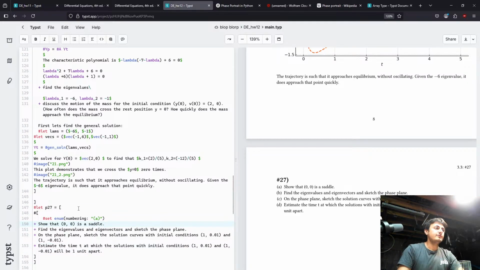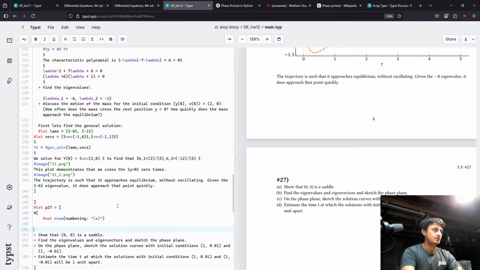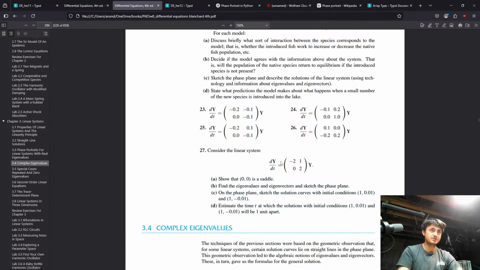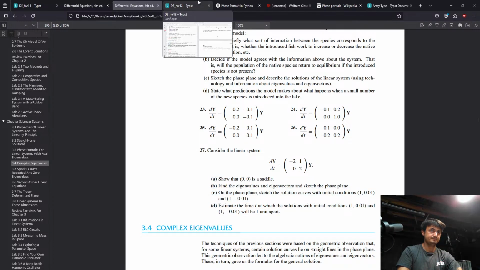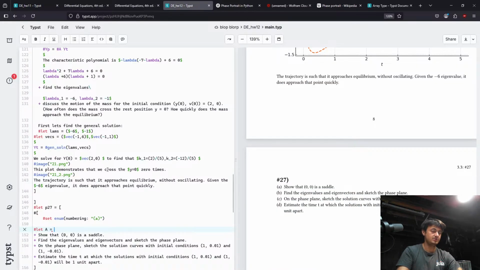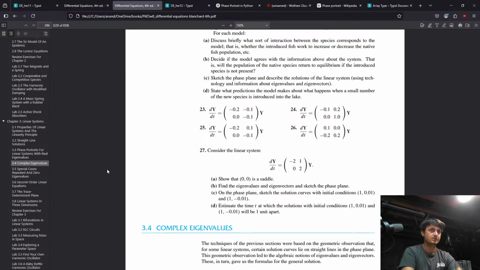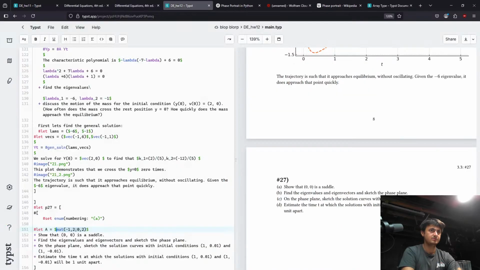So first off, we need to let A, and we just do our general thing. -2, 1, 0, 2. Did I get that right? I'm so bad at remembering this. -2, 1, 0, 2.